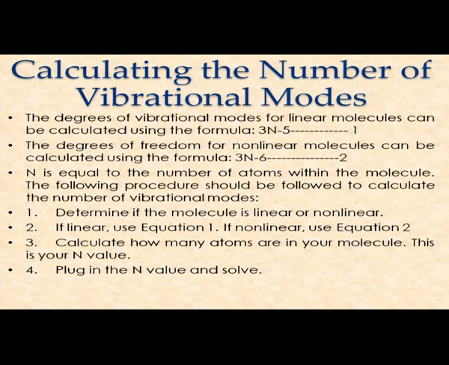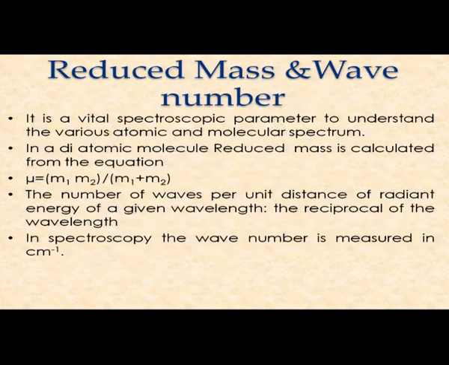If the molecule is linear, then you have to use the formula 3n minus 5. If it is non-linear, then you have to use the formula 3n minus 6 to calculate the degrees of freedom of the molecule, where n is the number of atoms present in the molecule.